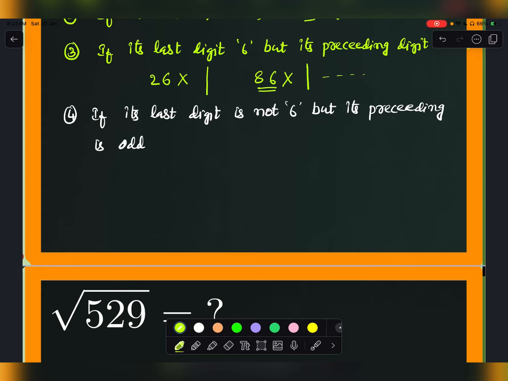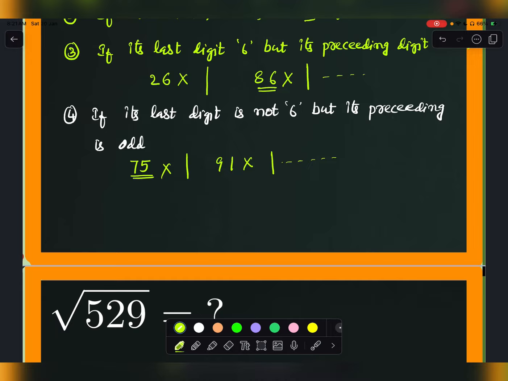Suppose I'm taking not 6 but 5, but its preceding digit I'm taking odd, here 7. So 75, any number ending with 75 cannot be a perfect square. Similarly, you can take 1, but its preceding digit is odd. I'm taking 91. 91 is not a perfect square. So in such a case, that number cannot be a perfect square, right?